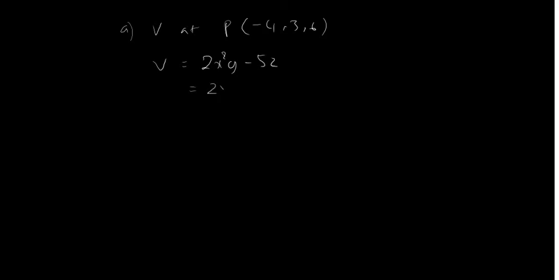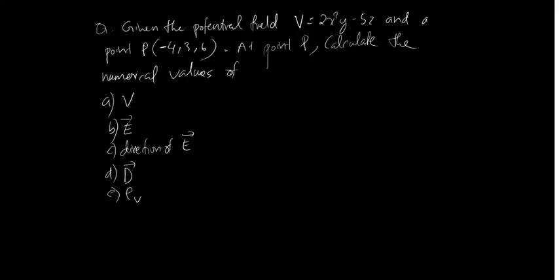So 2 into x square is 4 square, that is 16, y is 3, minus 5z, 5 into 6, so that will be 32 into 3, so 96 minus 30, so that will be 66 volts at P minus 4, 3, 6. So this is how you have to calculate the value of V.